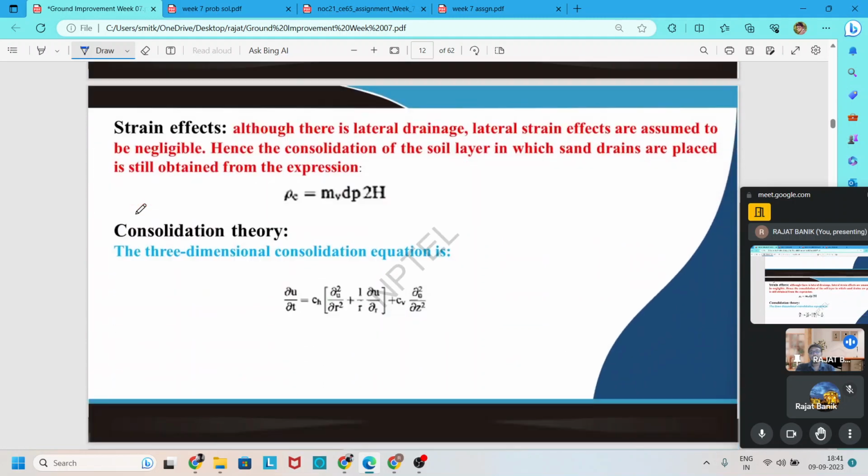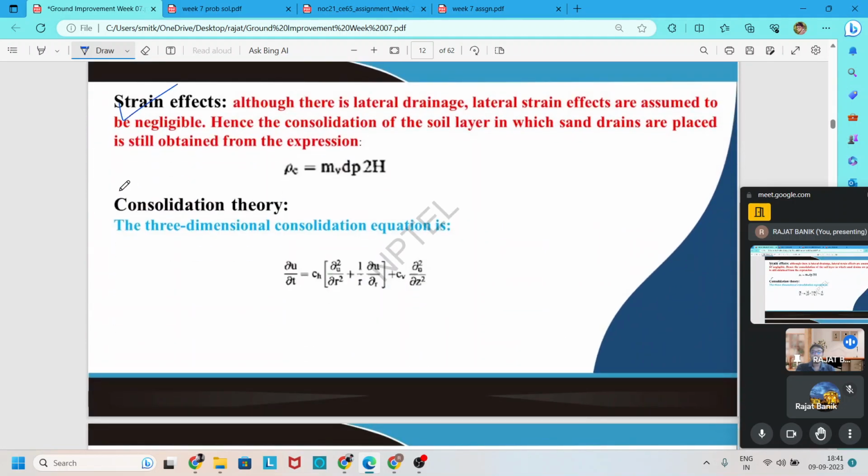Coming to the next slide, we discuss the strain effect and the consolidation theory. The strain effect is the elastic stress-strain technique we apply here also.